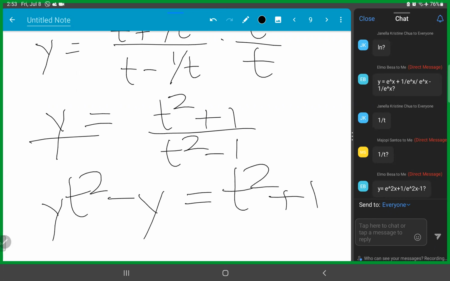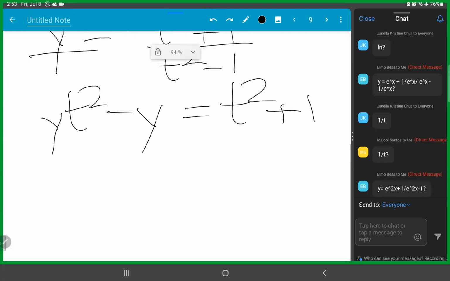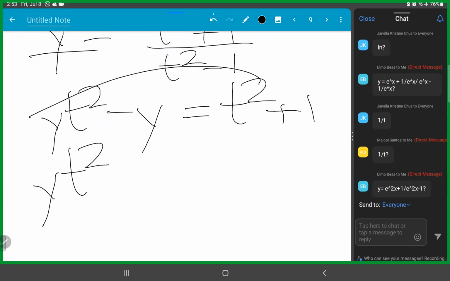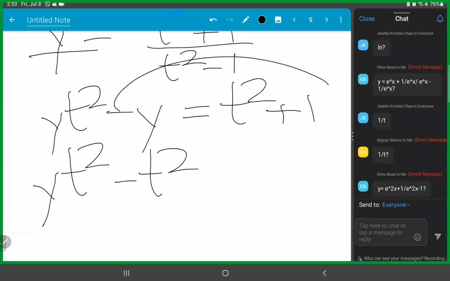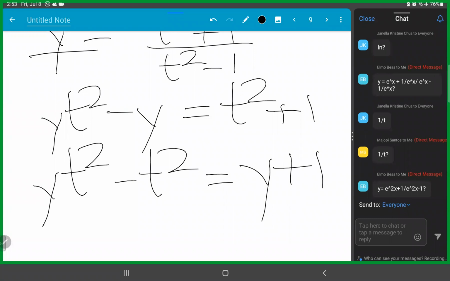Now you're solving for t, so you put all the terms containing t on one side. So transpose this, then the terms without t go to the other side. Usually I put the variable first before the constant.